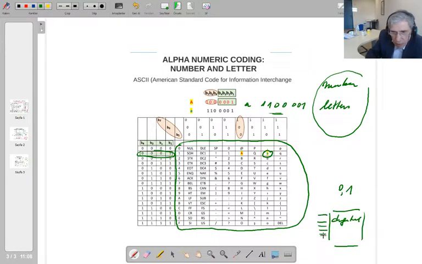So if you've got these 7 bits, 1, 2, 3, 4, 5, 6, 7 inputs here, then when you click that A on your keyboard, underneath, you are sending these 7 bits, 1, 1, 0, 0, 0, 0, 1, to your digital system.